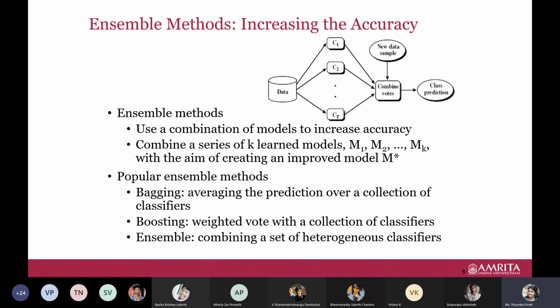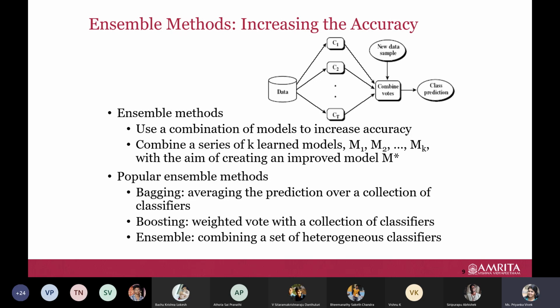Have you heard of these ensemble techniques? Okay, so let us see what it is. It is about increasing the accuracy, meaning increasing the performance. When we say ensemble, it is usually a combination of models.